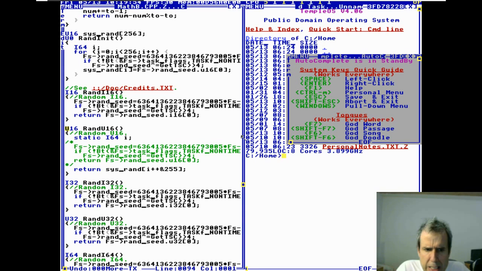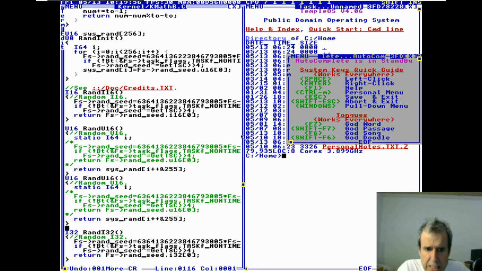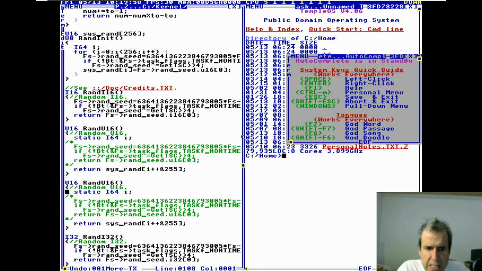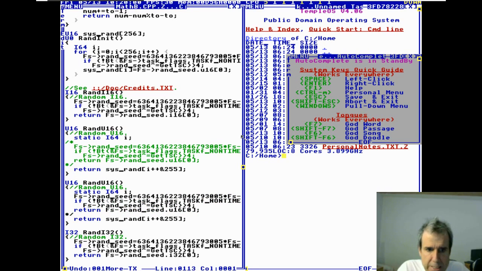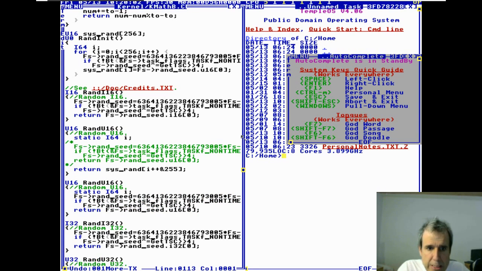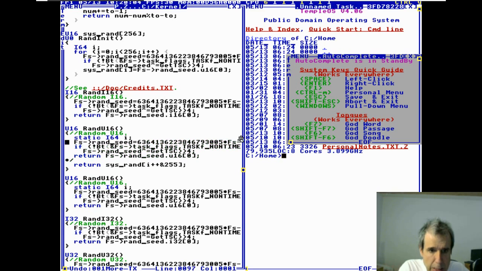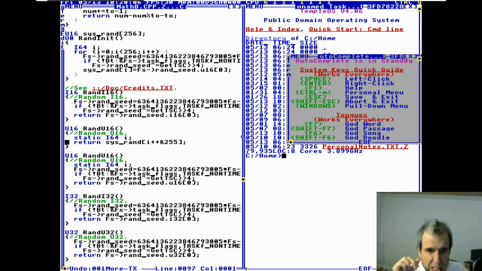Okay, the second one will replace the first one. So let's try the old one and then the new one.